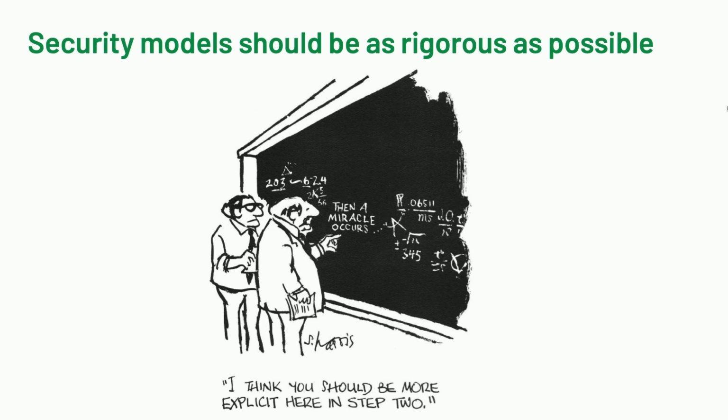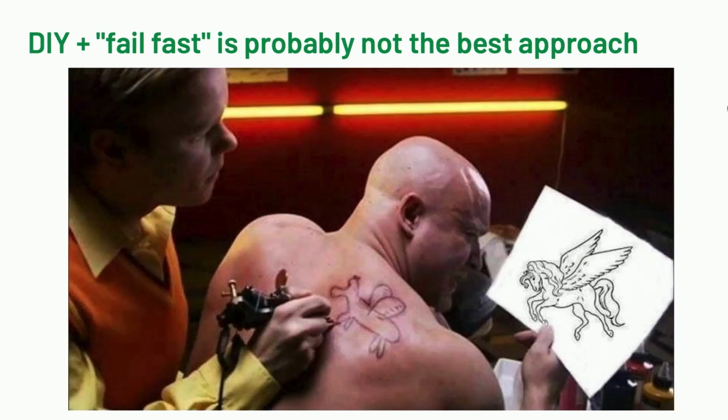Security definitions should be as precise as possible. This slide I love for so many different reasons, because I've looked at a lot of security models where there is an implicit step of, and then a miracle happens. Do it yourself and fail fast makes a lot of sense in a lot of contexts. It probably doesn't make so much sense in a crypto context.